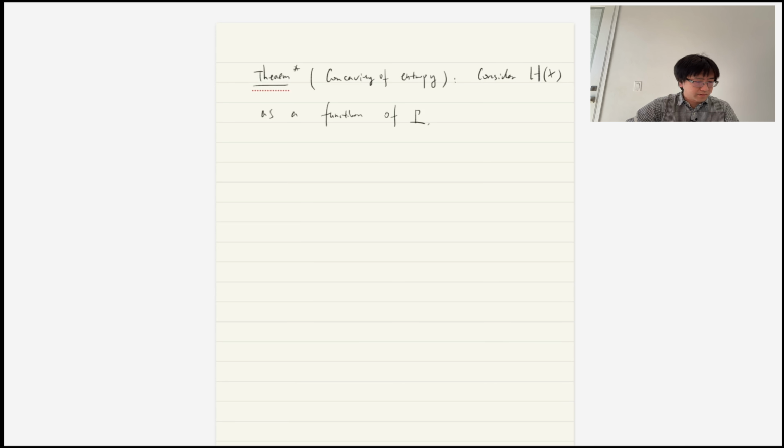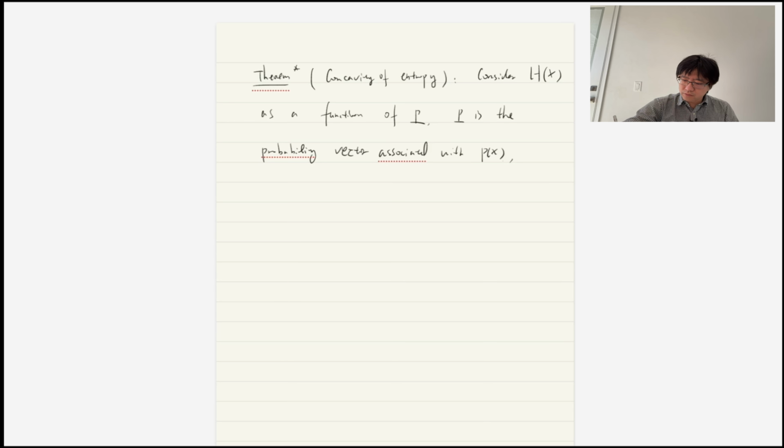This basically means that P is the probability vector associated with P_X. Because it's a PMF, we can write all the probabilities as a vector.